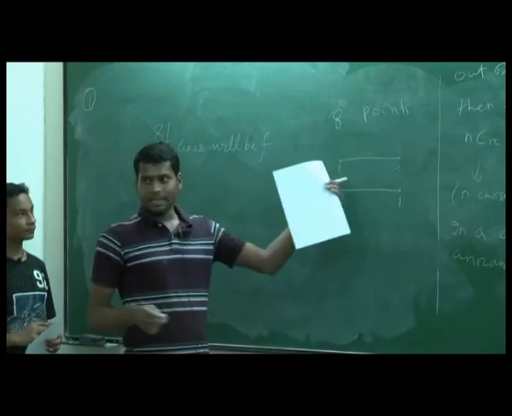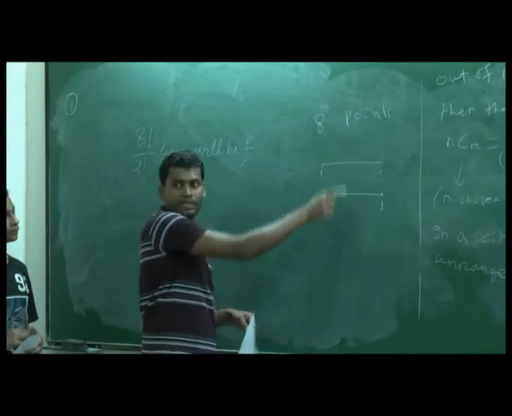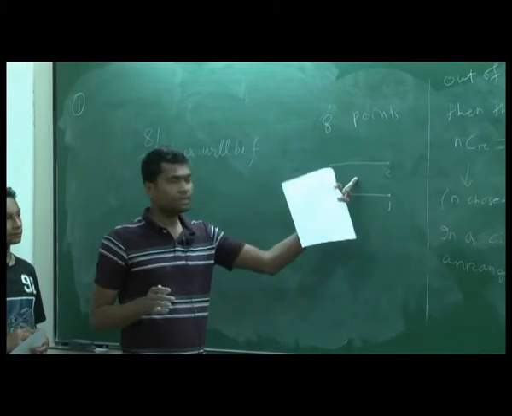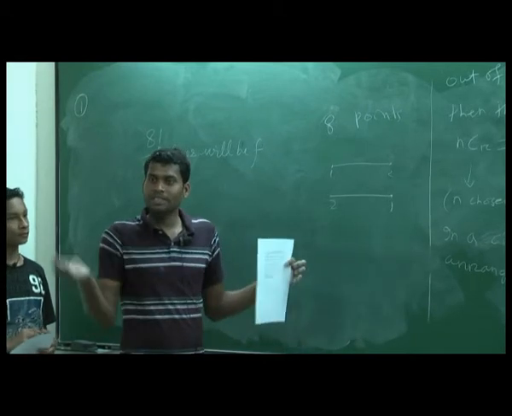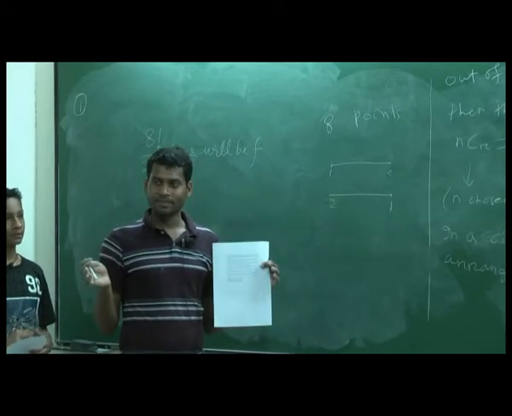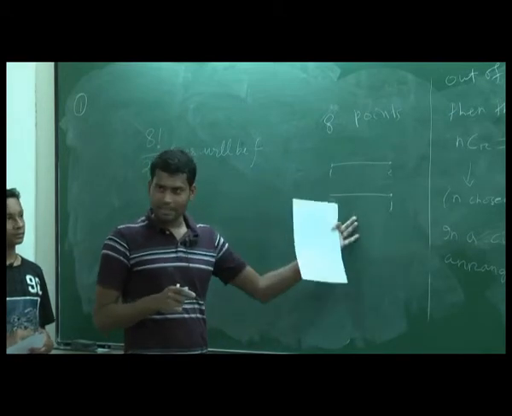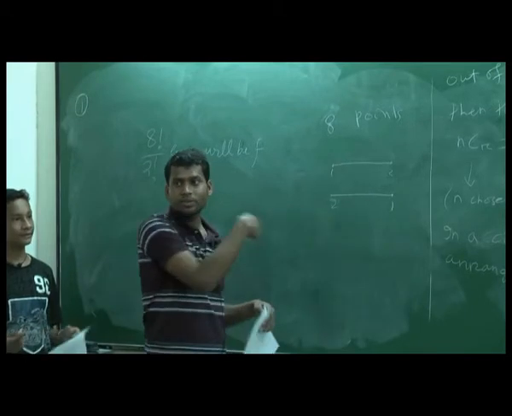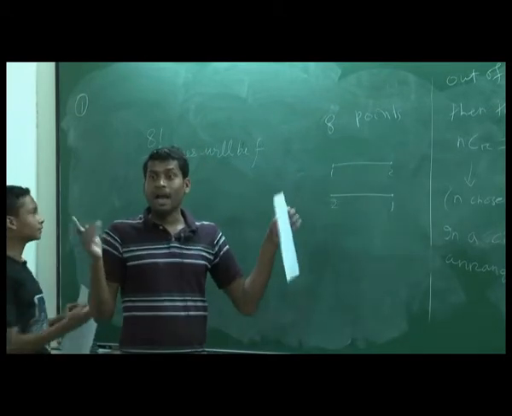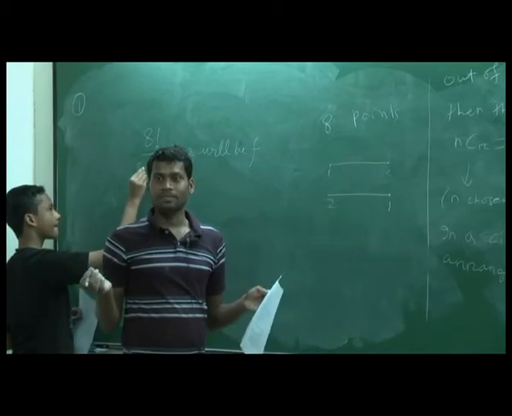We are not giving any distinct names to these. For us, this and this are the same. This is one line, this is also one line, so both are the same. So are we choosing or arranging? Choosing. Choosing means both are the same. Arranging means this is different.